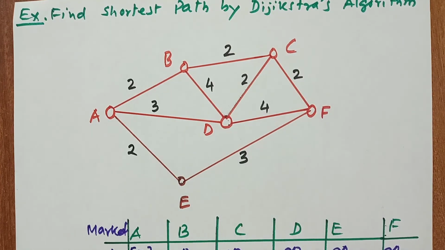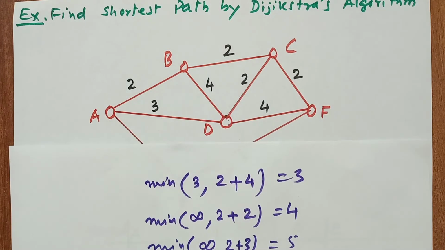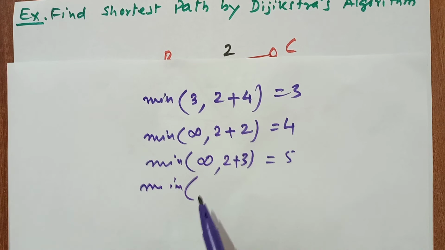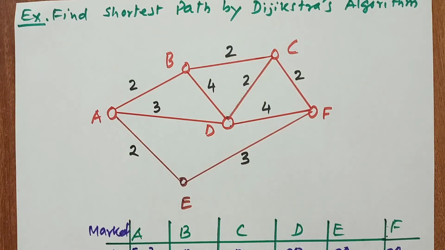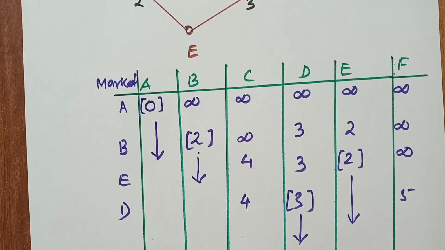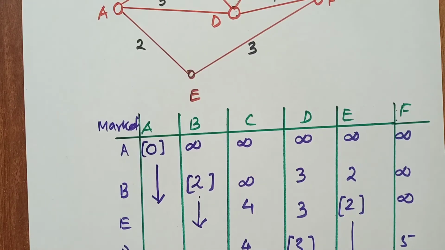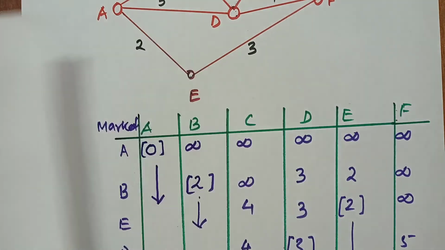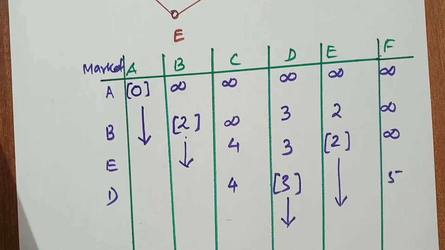From D to C, what is the formula? The minimum of the old value. What is the old value of C? The old value of C is 4. So we put 4, comma. What is the marked value? The marked value is 3.